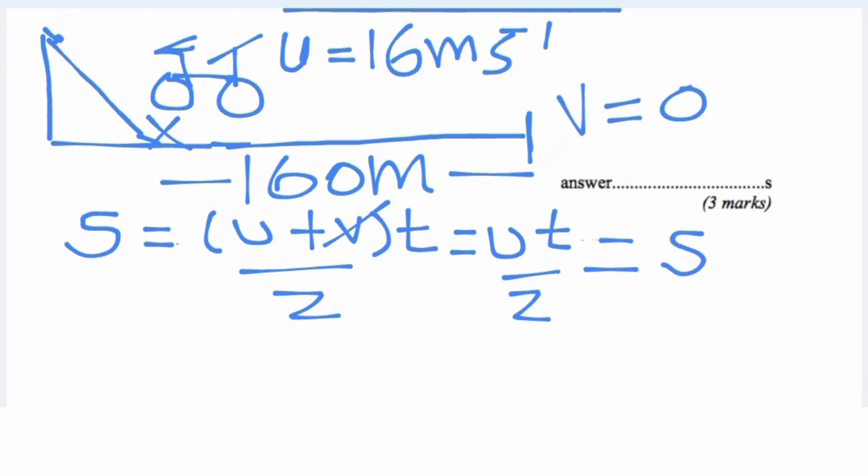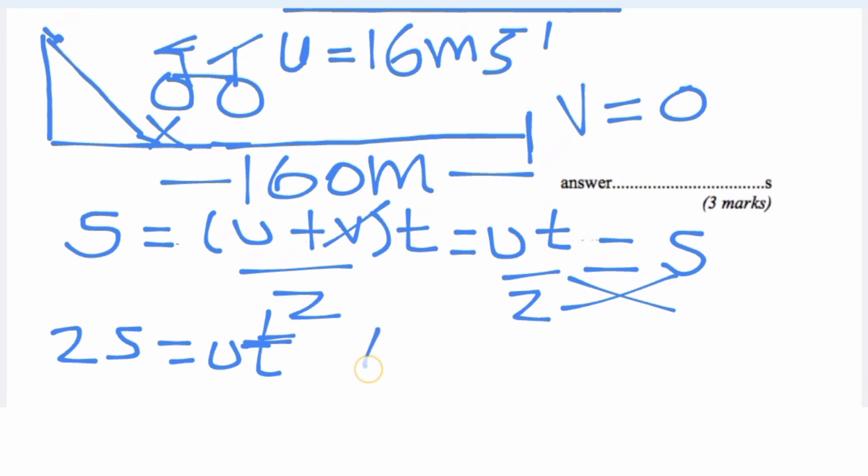So now we can crisscross it. After crisscrossing it, we get 2s is equal to ut, then t will be equal to 2s divided by u.